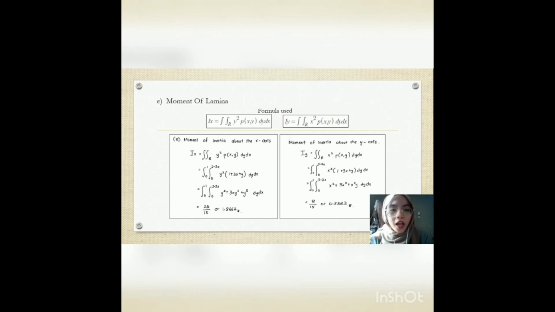Now, for the moment of inertia about the x-axis, in our case the region is 0 to 2 minus 2x and 0 to 1. y squared is the integrand and rho is the density function, which is 1 + 3x + y, with dy dx. So we do the calculation and get the answer 28/15, or the decimal answer 1.8667.